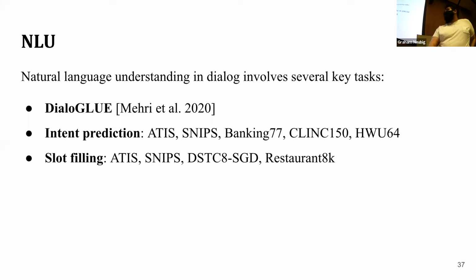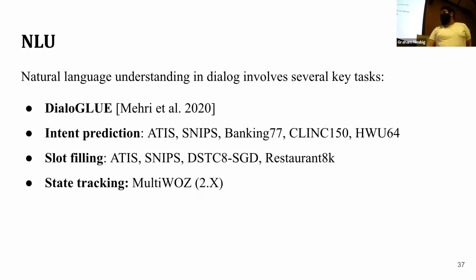For slot filling, again, ATIS and SNIPS. ATIS and SNIPS are older data sets from like 10, 15 years ago, whereas the other ones are a bit newer. So, ATIS, SNIPS, DSTC8 SGD, and Restaurant8k are good slot filling data sets. And then for state tracking, the main thing that people are using is MultiWOZ.